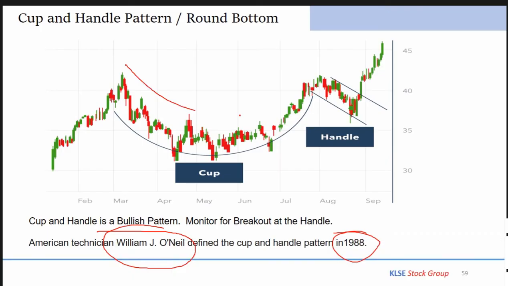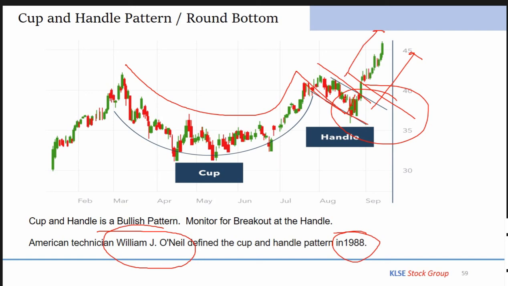It's a round bottom, and then there's a pullback here, and then there's a breakout here. So you observe some stock charts with the cup and handle, this kind of round bottom support with a pullback. This is the area you want to notice. If there's a breakout, then the price can continue to move up higher.